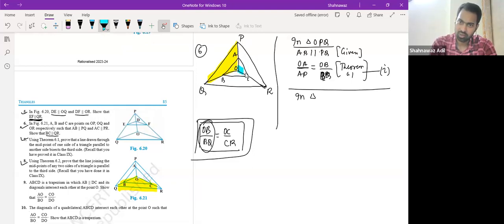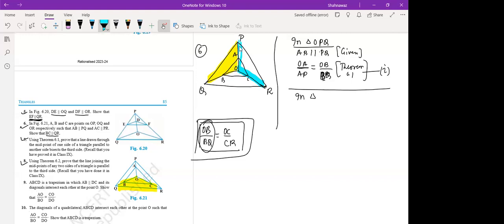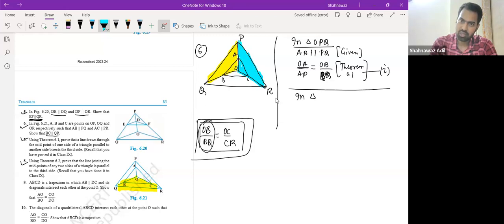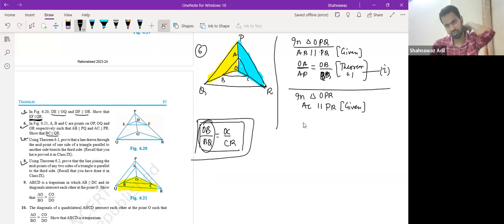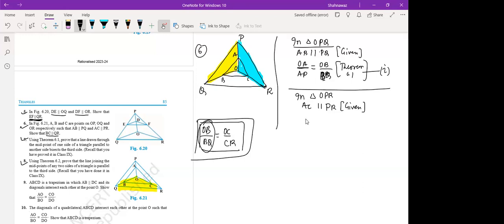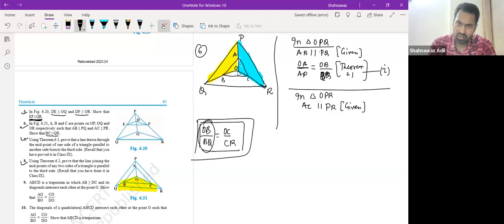So in triangle OPR, this is given: AC parallel to PR. Which means that OPR is the triangle.